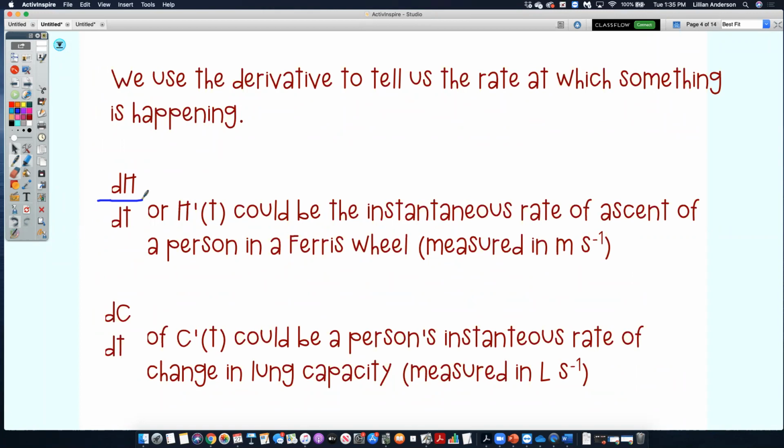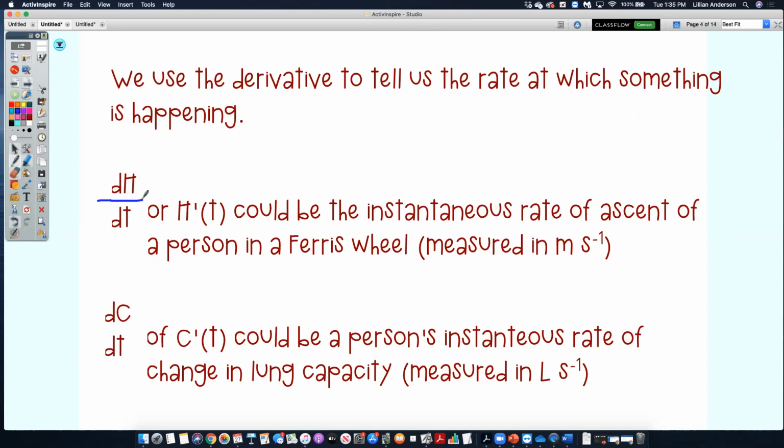That is the instantaneous rate of ascent of a person on the Ferris wheel. So capital H will represent the height somebody is on the Ferris wheel at a particular time, measured in meters per second. So the derivative would be that rate in which that person is going up or coming down on the Ferris wheel at a particular time.